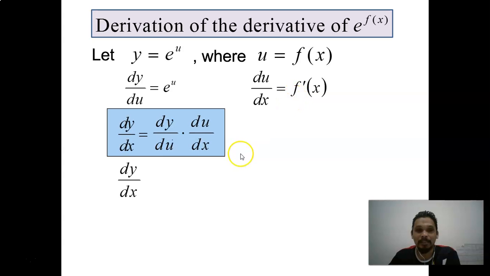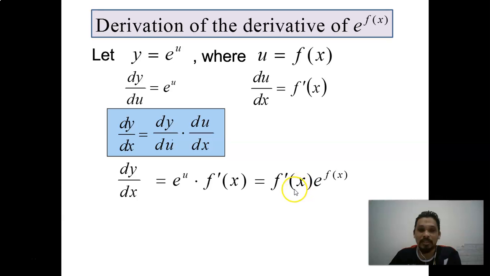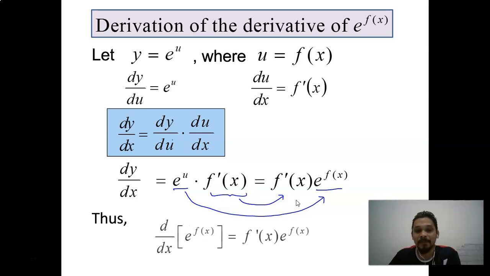So if you see here, e to the power of u is e to the power of f(x), and f prime here. Thus, differentiating e to the power of f(x) with respect to x equals f prime x times e to the power of f(x).